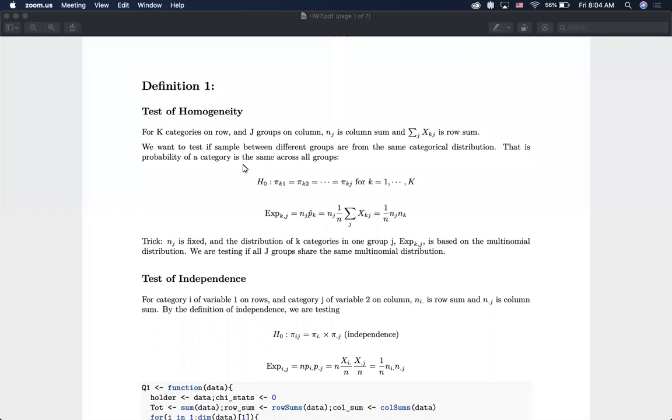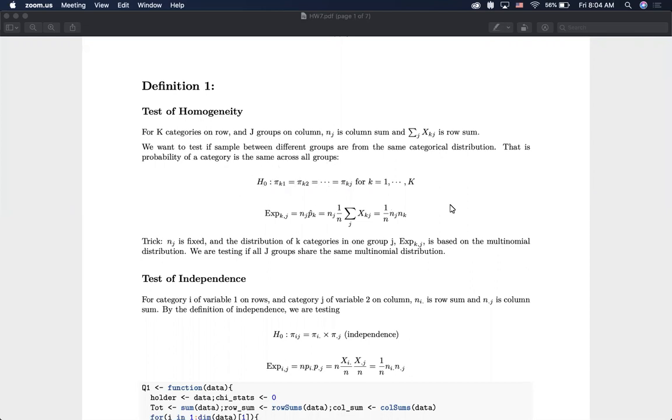Inside each column we get 4 different numbers if we have 4 categories. That is the probability of a category on the rows, which is the same across all groups.